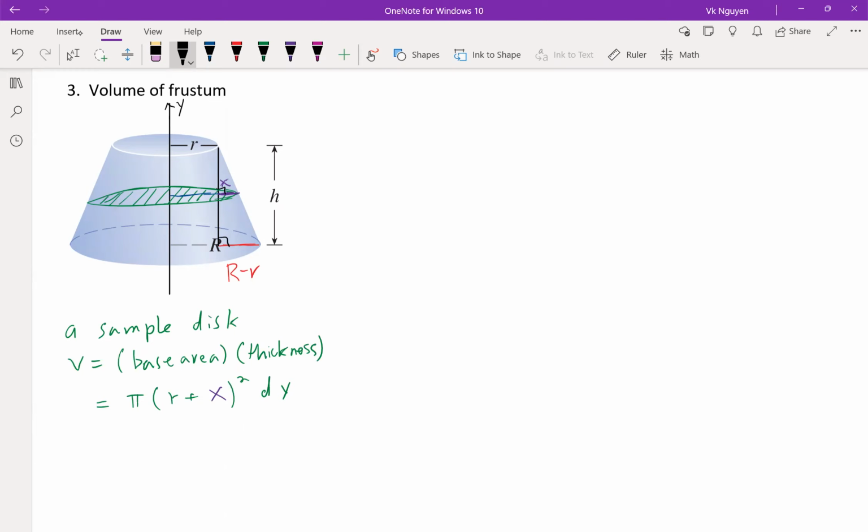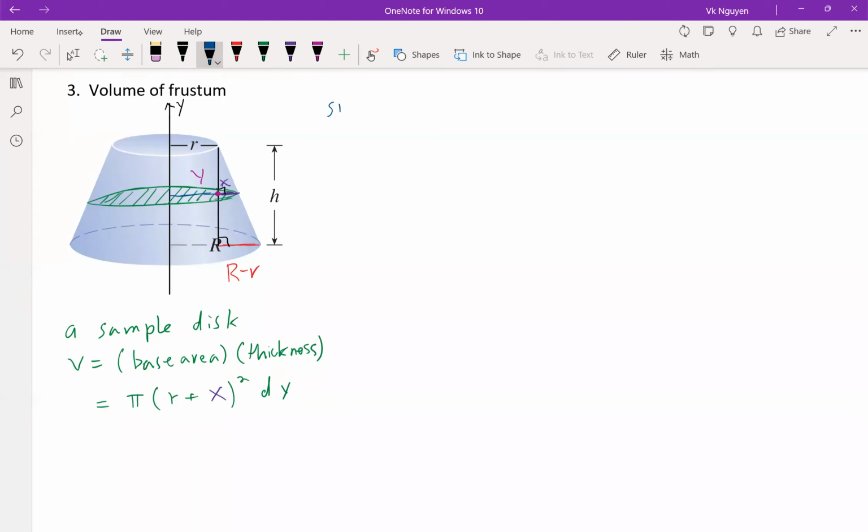And using the same trick, I'm gonna let this point right here to be y. So the height of the smaller rectangle is h minus y.